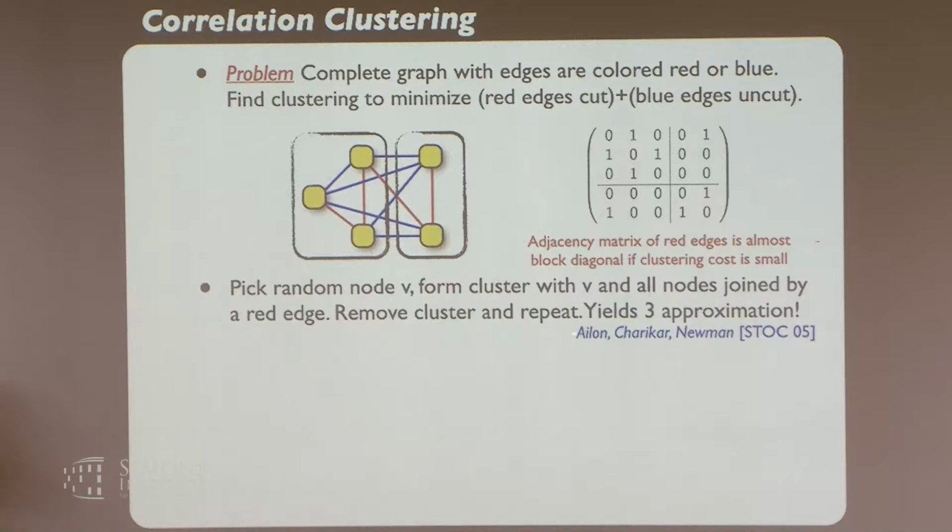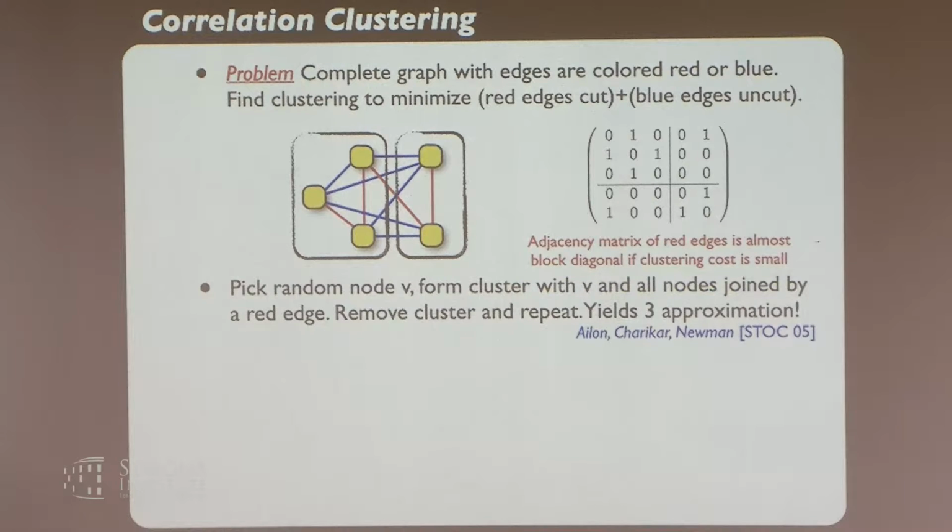So there are various ways to solve this in a non-streaming setting. One particularly appealing algorithm, not the best approximation, yields a 3 approximation: take your graph, pick a random node, and form a cluster with that node and all the nodes that are joined to it by a red edge.